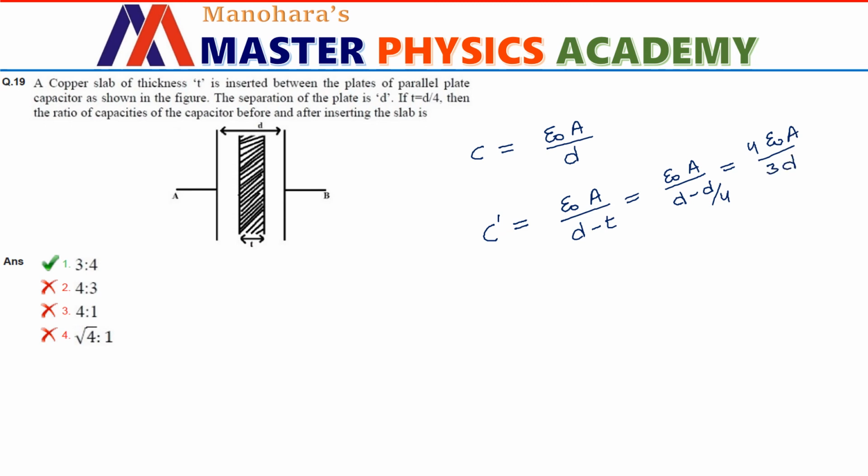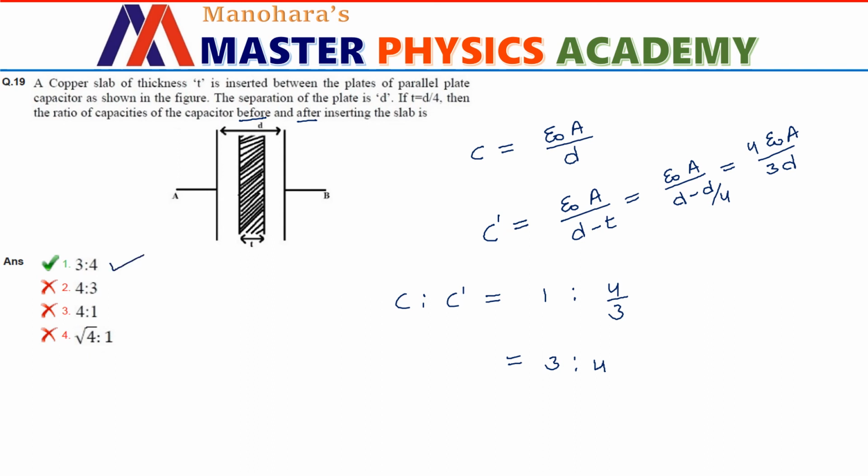So they are asking the ratio here. What ratio they are asking? Before and after, right? So before and after means C is to C dash. So C is to C dash will be equal to 1 is to 4 by 3. Upon simplification, we will be getting answer as 3 is to 4. So the correct option is option 1.